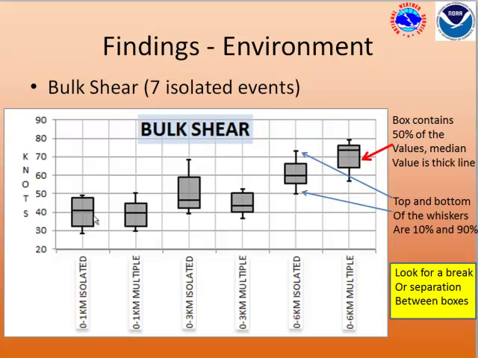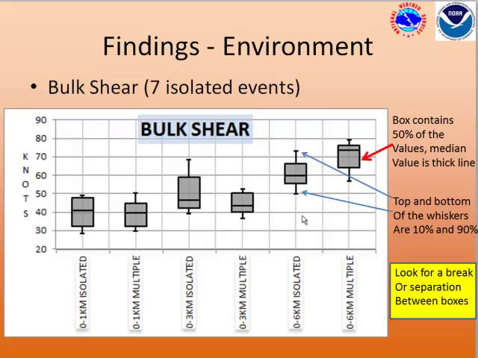In 0 to 1 bulk shear, the mean values are right around 40 knots. There's not a lot of difference in the data. When we look at 0 to 3 kilometers, again, this box almost fits inside that one, so our values are a little bit higher, probably in the low to mid 40s.